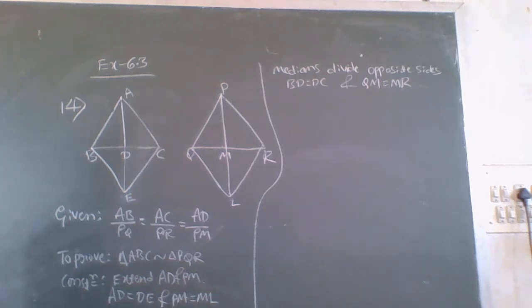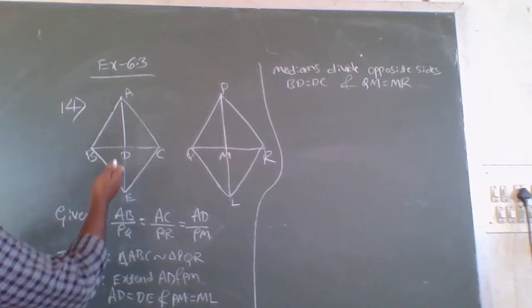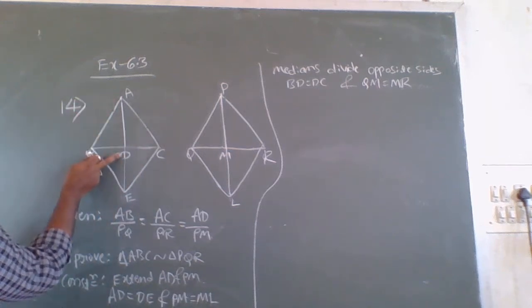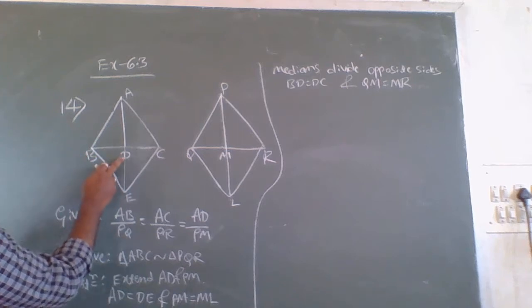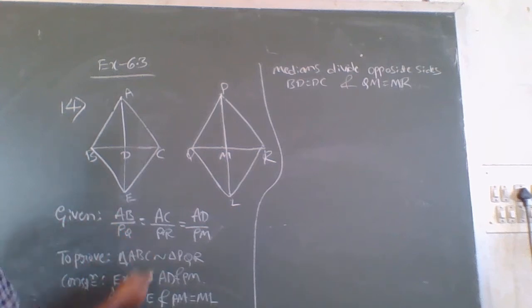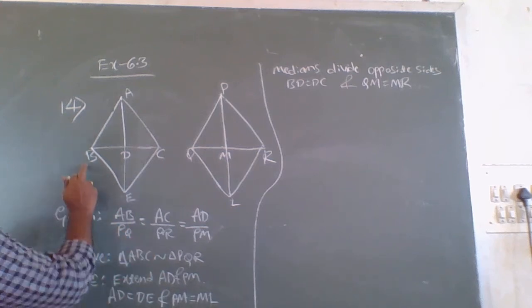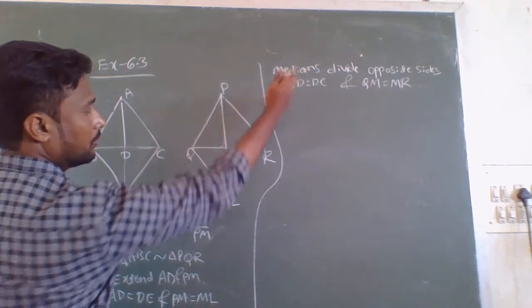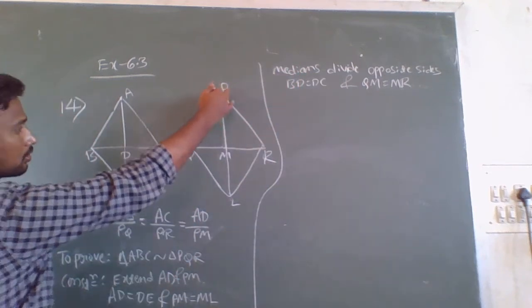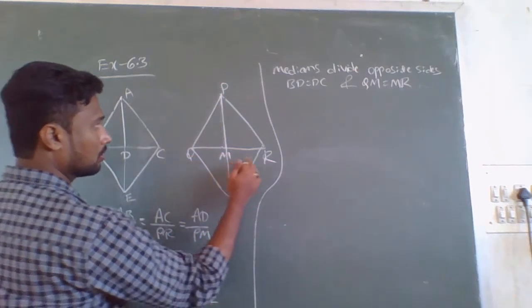Why? We know the property of a parallelogram. What is that? Diagonals bisect each other. Therefore, here AD is equal to DE by construction, and BD is equal to DC because medians divide opposite sides. In the same way, here also PM is equal to ML and QM is equal to MR.